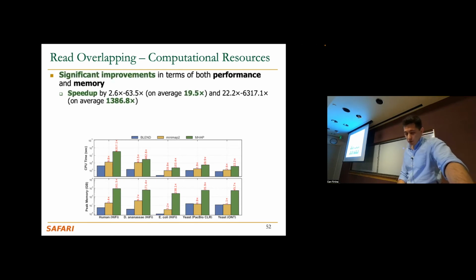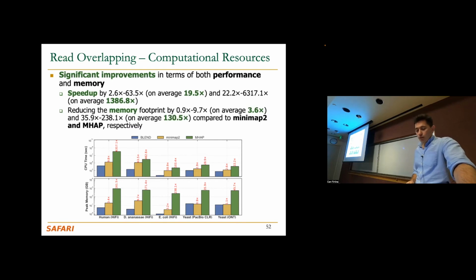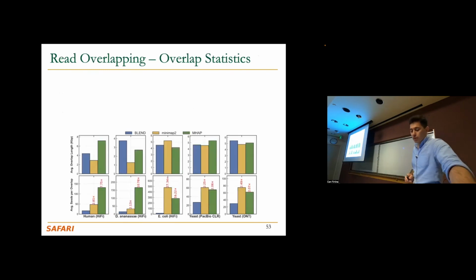We provide significant improvements in both performance and memory: on average up to 20x compared to Minimap2, and up to almost 1400x compared to MinHash. We can also reduce the memory footprint by 3.6x compared to Minimap2, and 130x compared to MinHash. I'll talk more about why we see these results, but these are the brief observations that we have.